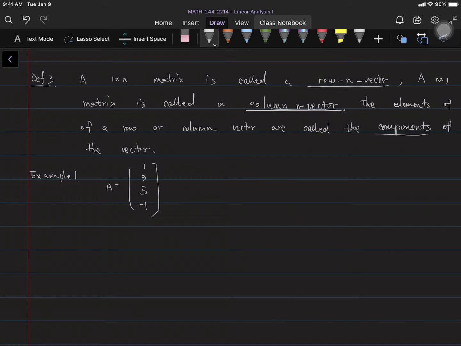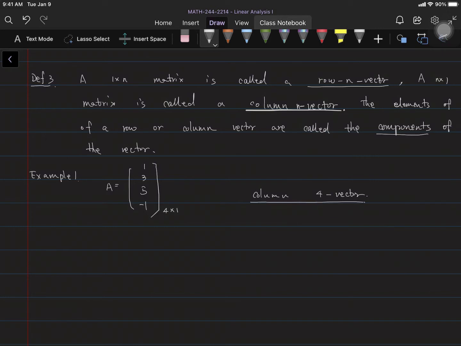We have 4, right? So 4 rows, 1 column, so a 4 by 1 matrix, and it looks vertical, just like a column. So in this case, we say that is a column 4 vector. We call that a column vector, right?